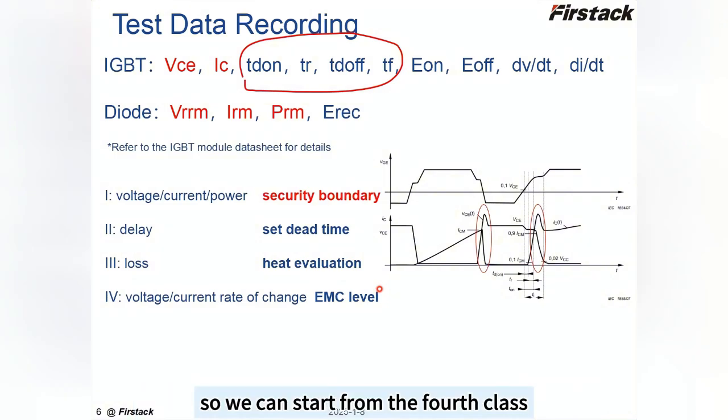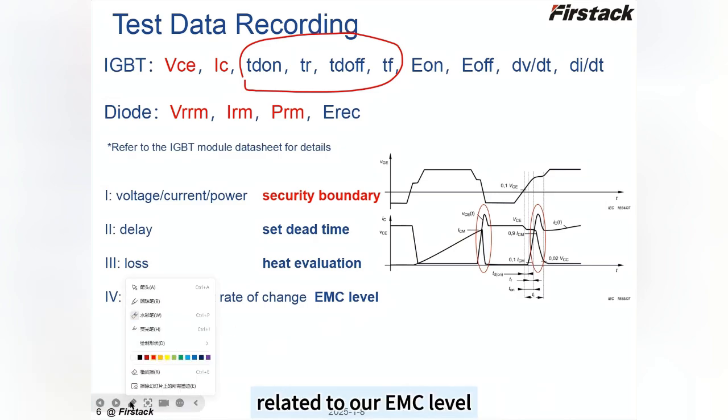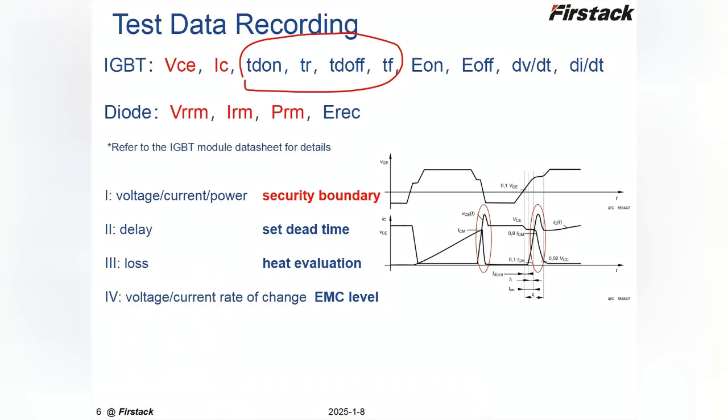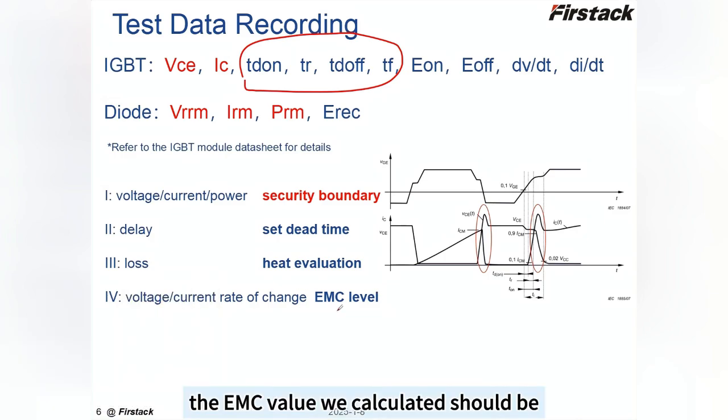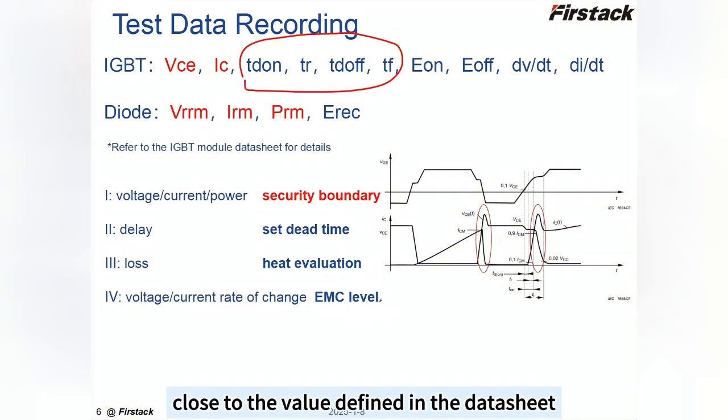So we can start from the 4th class, because I have mentioned that voltage and current rate of change is related to our EMC level. The EMC value we calculated should be close to the value defined in the datasheet.